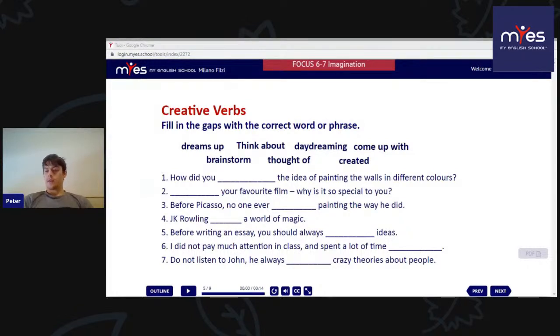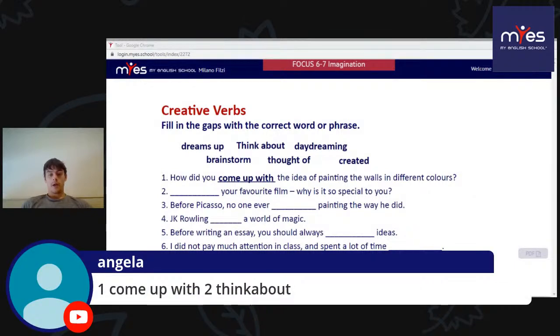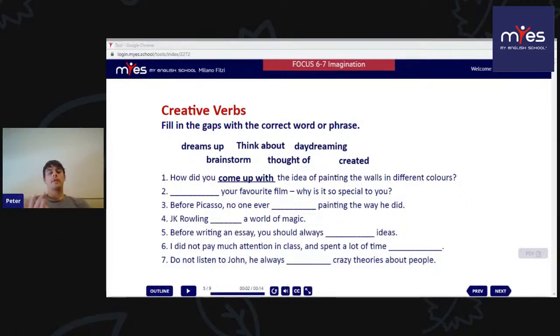number 1 is difficult, but I think number 1, how did you come up with? Well done, Angela. Oh, yeah. All right, number 1, come up with, because it's the question, how did you invent the idea of painting the walls? What was the moment? So to come up with is a synonym to invent.